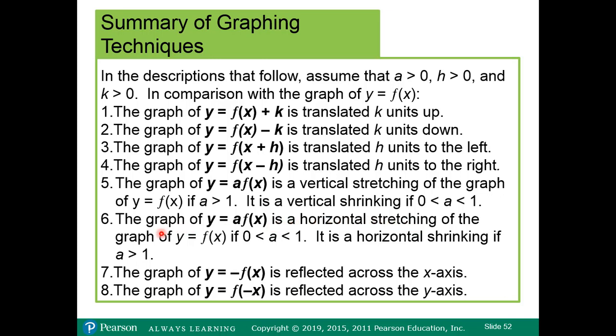If we multiply the input by a, that's a horizontal stretching of the graph if a is between 0 and 1, and a horizontal shrinking if a is greater than 1. Notice that here they switch the two conditions, right?